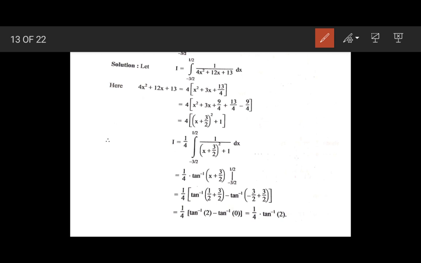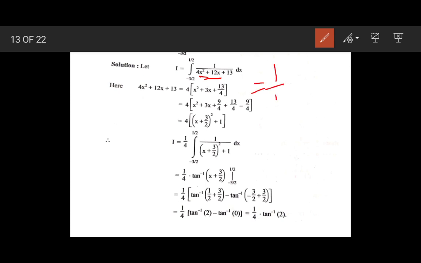For that, first we have to take this 4 common, right? That means we have to make the coefficient of x square as 1, and for that we have to take this 4 as common from the denominator. So let's do that.